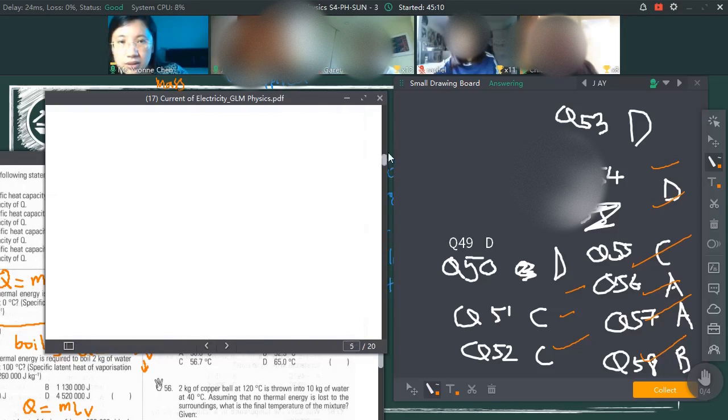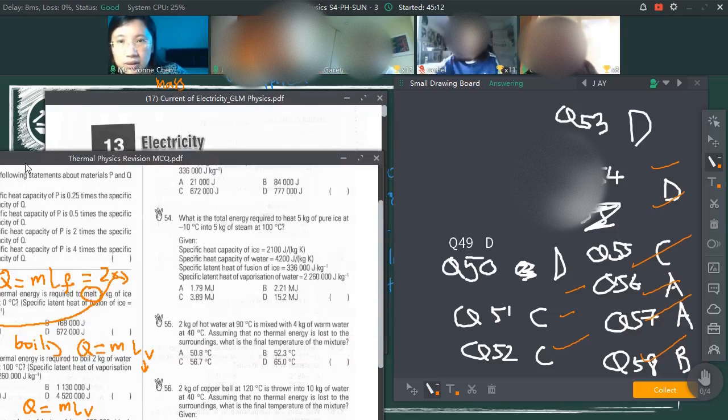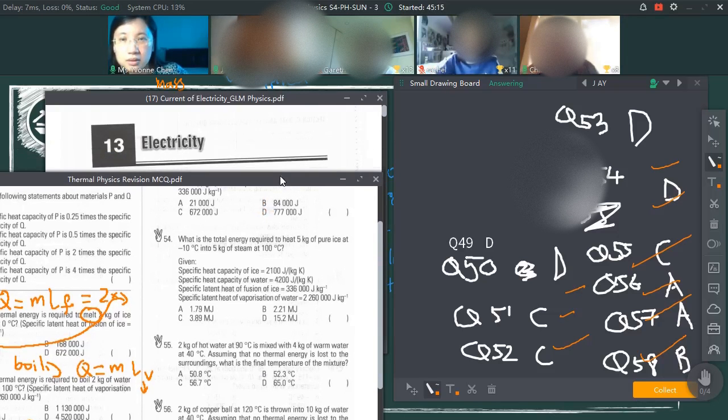I think we stopped at question 5A. Okay, you can continue the rest of the questions now, since you have done the thermal revision questions.